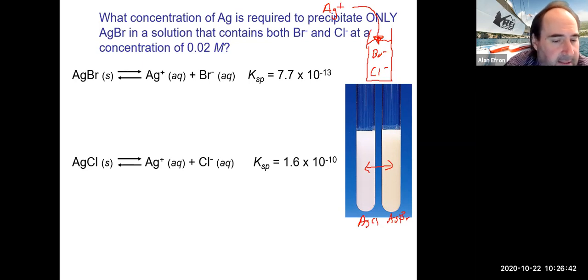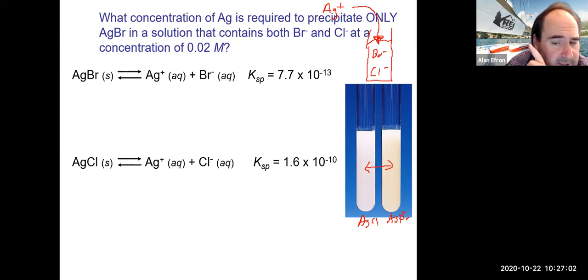So one aspect of Ksp is that we can use it to our advantage to do something known as selective precipitation. What that means is we basically take out only one ion at a time. In this particular example, we want to take out just the bromide.